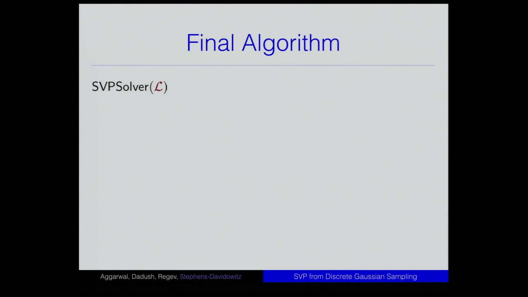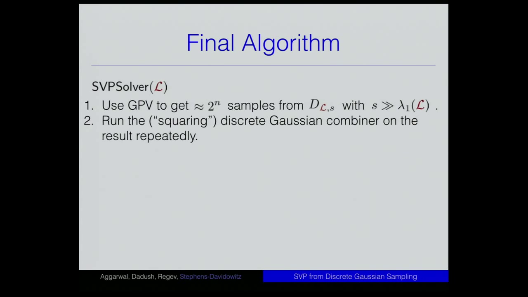It's fairly simple. So here's our SVP solver. We're going to first use GPV to get about 2 to the n samples from the discrete Gaussian with some fairly high parameter, significantly bigger than lambda 1. We're then going to repeatedly run this sort of squaring, combining process on the result. So we're going to group everything by buckets, take from each bucket a number of vectors proportional to the square of the size, and take averages of the resulting vectors.